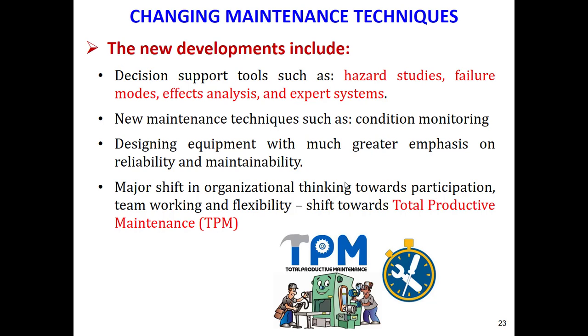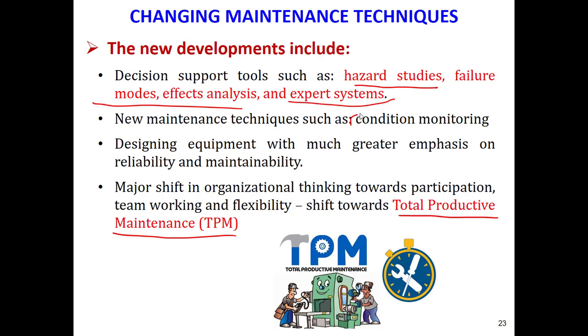Okay, so the new methods or technologies for maintenance are aimed at total productive maintenance, TPM. That involves using tools for hazard studies, failure mode and effects analysis, and applying expert systems.